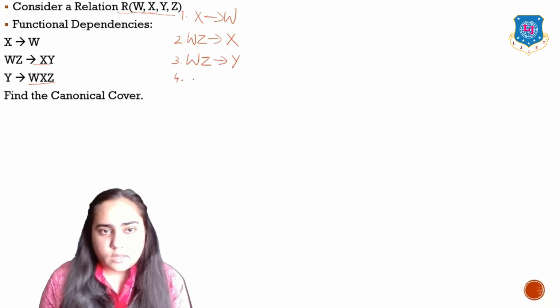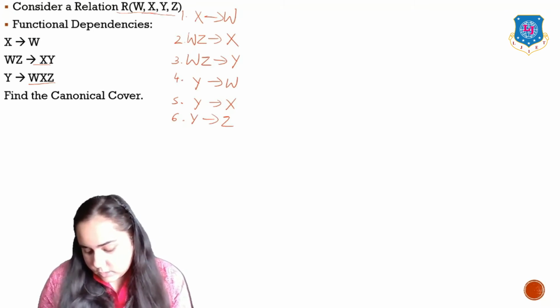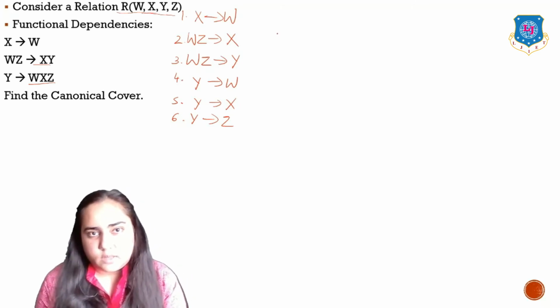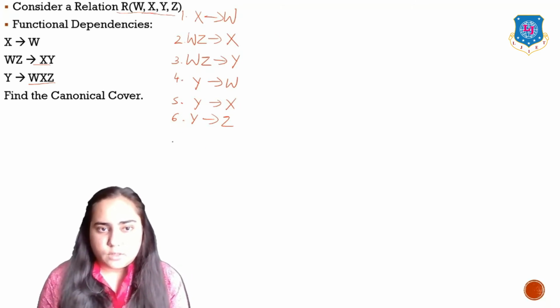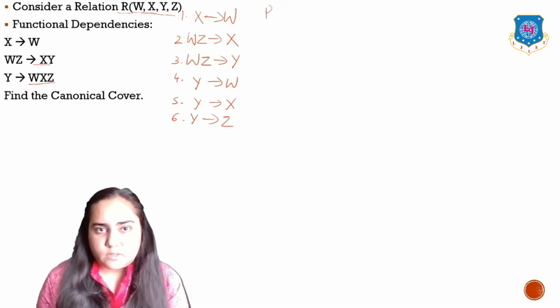Number 4 is Y determines W. Number 5 is Y determines X. And number 6 is Y determines Z. And now what we are going to do is apply all the rules that we have on the right side. So we are talking about the right-hand side of all these dependencies.